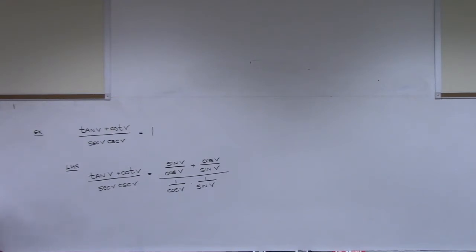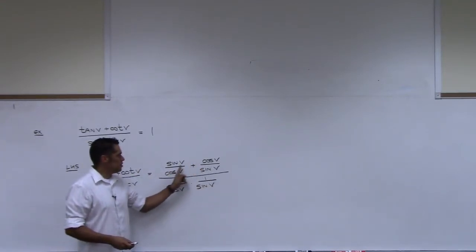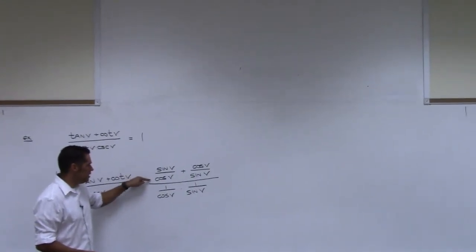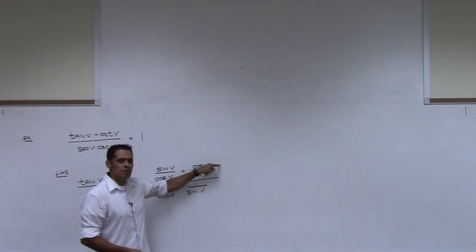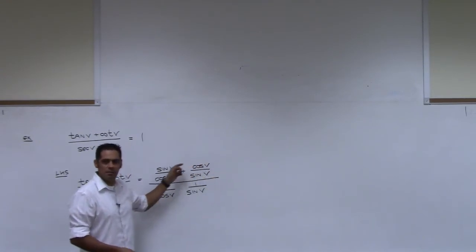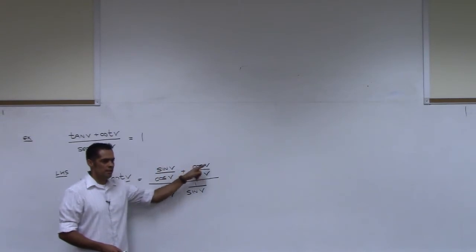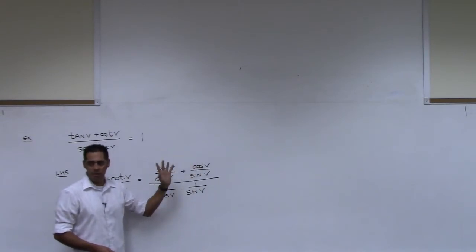I'm going to have to introduce sine on top here, top and bottom, sine v over sine v. Over here I have to introduce cosine v. And do you already see what's going to happen? Sine squared plus cosine squared. That's going to be a 1 up there when we're done.